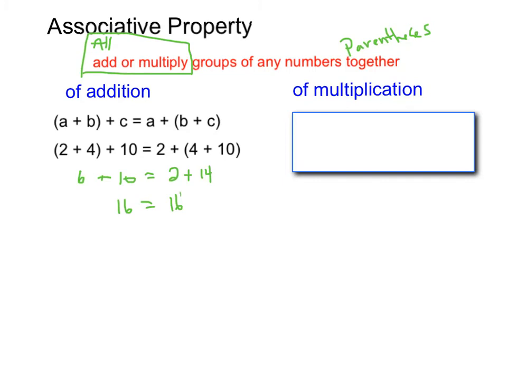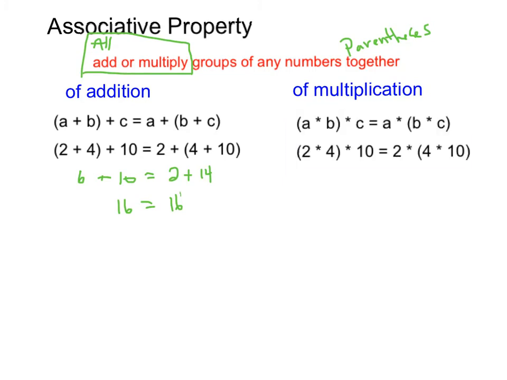Now with the other example, with the multiplication, it works in a similar fashion. So we have a times b in parentheses times c is equal to a times, in parentheses, b times c. So if we follow that pattern, again, we have to do what's in parentheses first. So 2 times 4 is 8, times 10, which gives us 80.